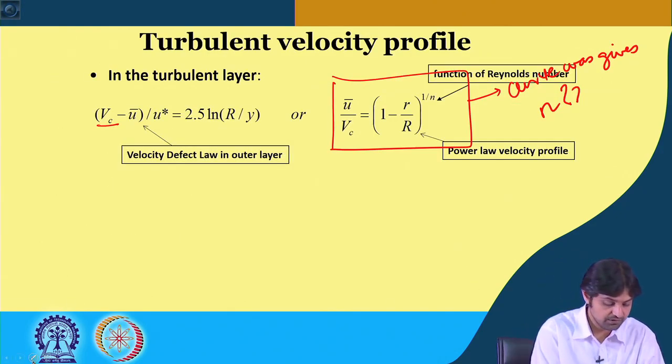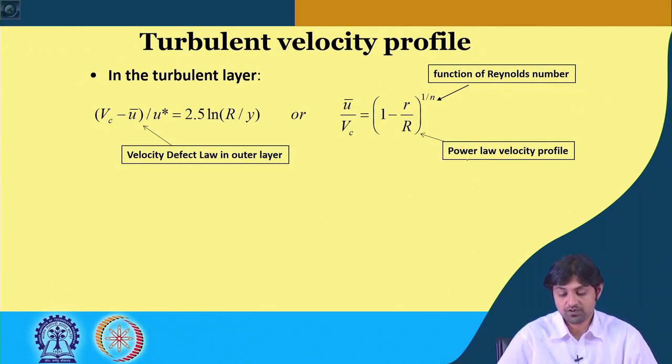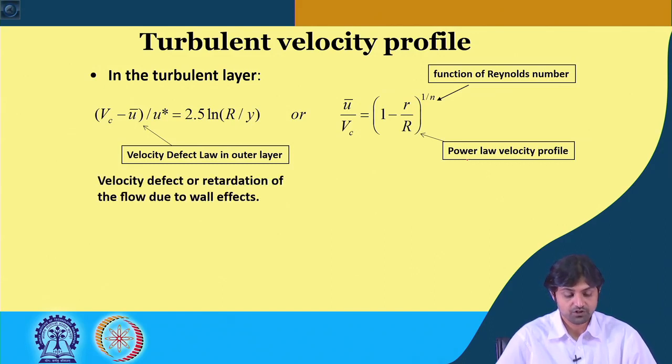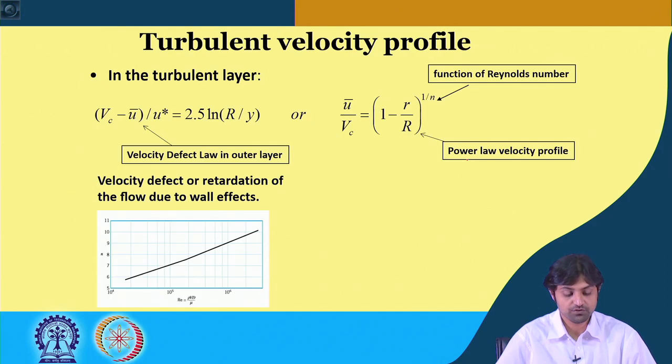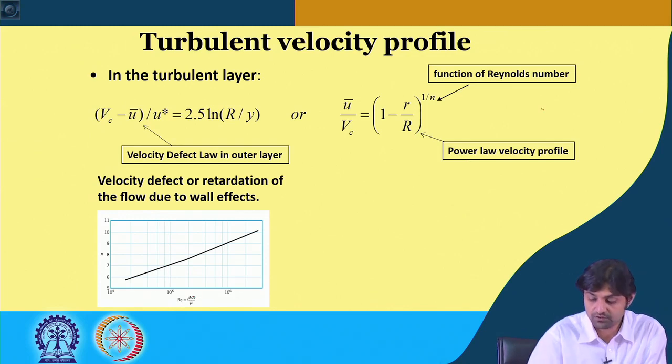And this equation is called the power law velocity profile, and this n is a function of Reynolds number. So, velocity defect or retardation of flow due to wall effects. This is the curve using which n can be determined.